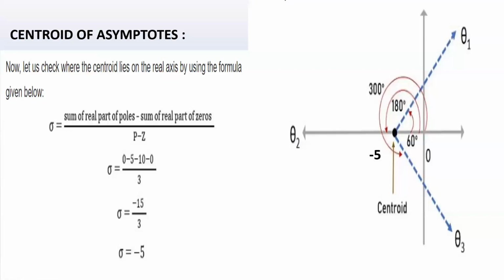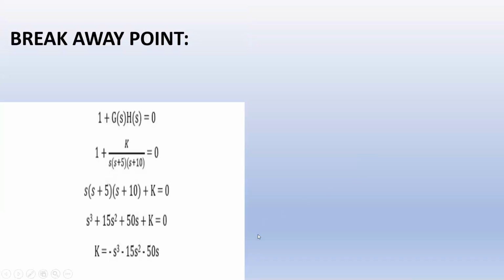Moving on to the next question: is there any breakaway point we need to find out? For that, we find the characteristic equation, 1 plus G(s)H(s). If we substitute the open loop transfer function, the characteristic equation is s cube plus 15s square plus 50s plus K. Writing it in terms of K, we have K equals minus s cube minus 15s square minus 50s.